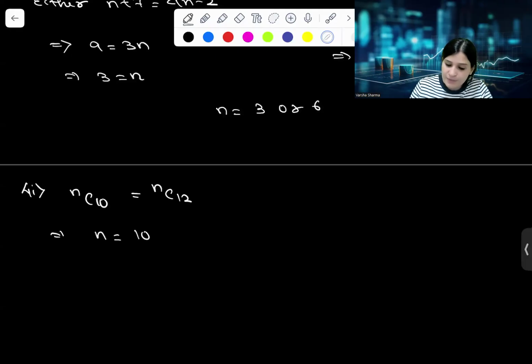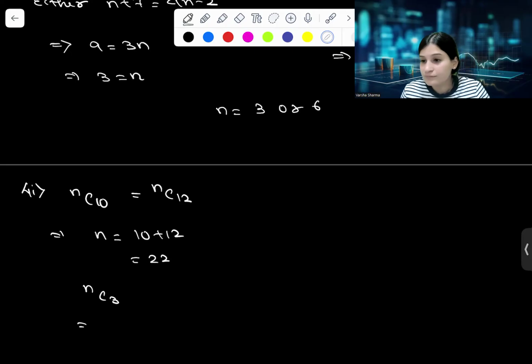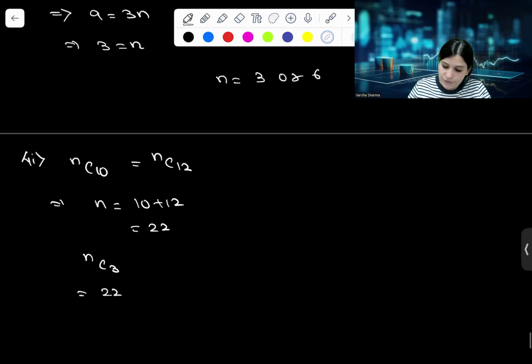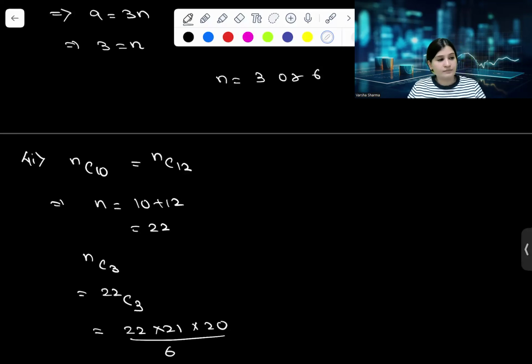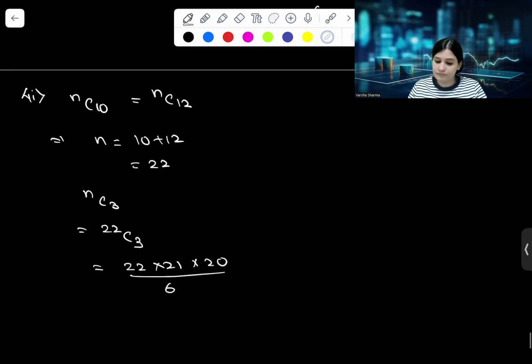So n will be 10 plus 12, 22. nC3 is 22C3. 22 into 21 into 20 by factorial 3. Answer 1540. Yes, ma'am.